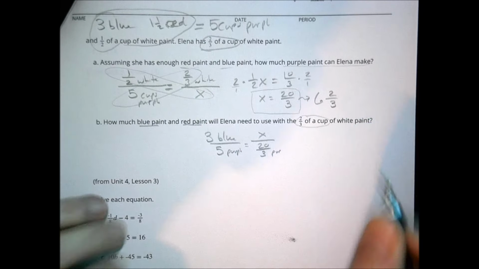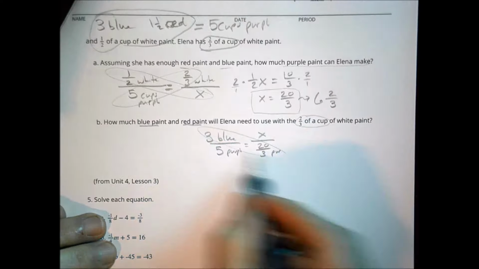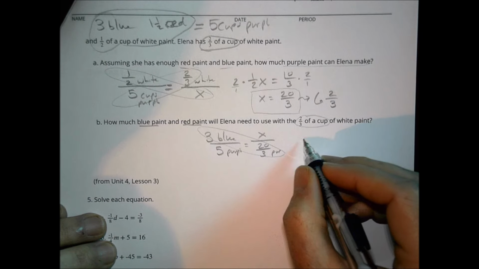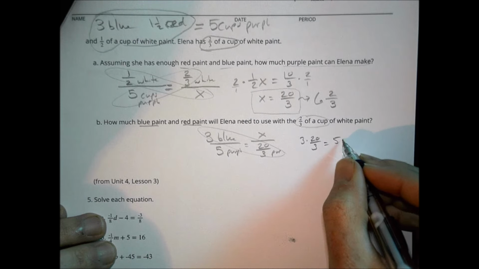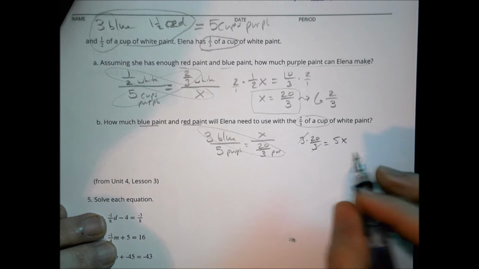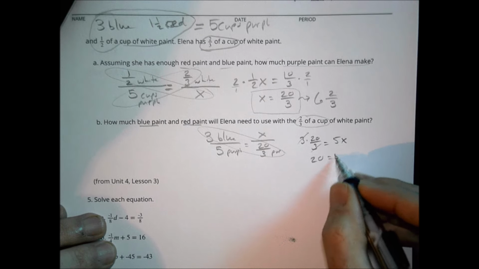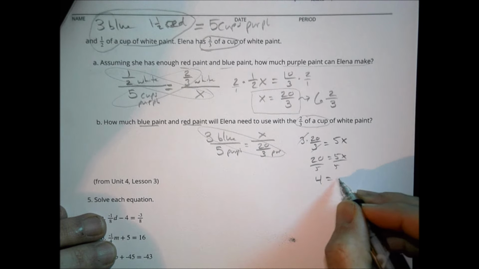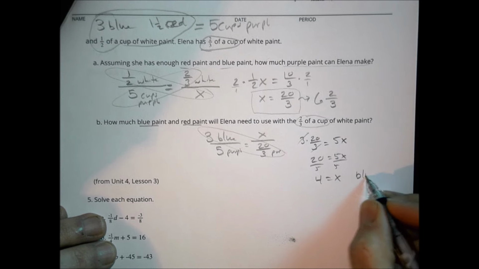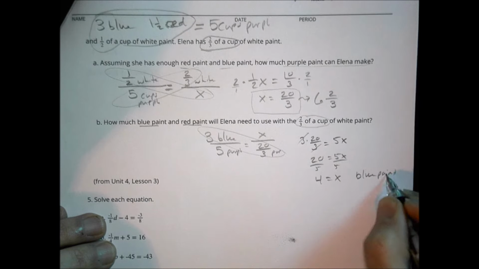We can now solve this by cross multiplying. All right, so that becomes 3 times 20 over 3 equals 5x. The 3's cancel, so you're left with 20 equals 5x. We divide both sides by 5, and 4 equals x. So this is going to be how much blue paint she's going to need there.